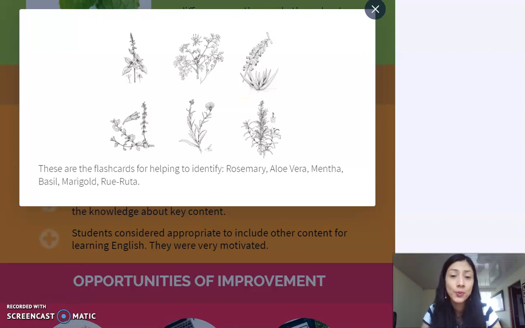The idea with this exercise was that the students identify the plants and make the relation between the plants, the drawings or the pictures, with the English names. This activity was very useful for the others.